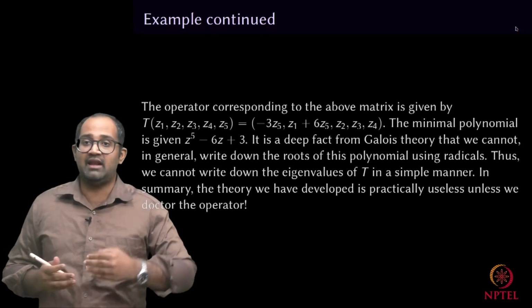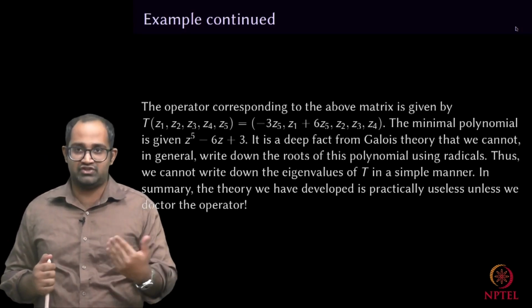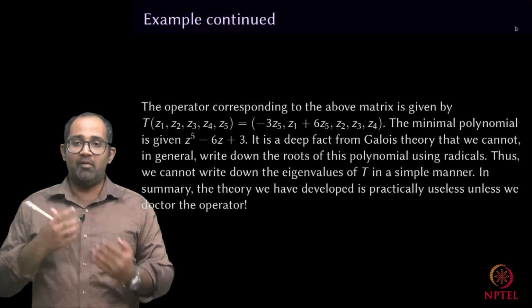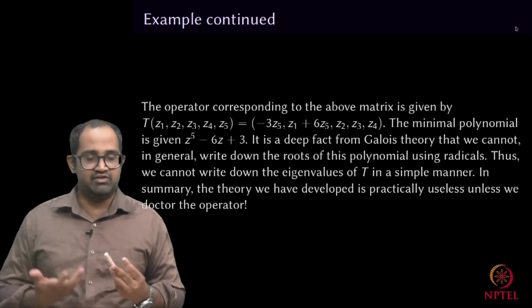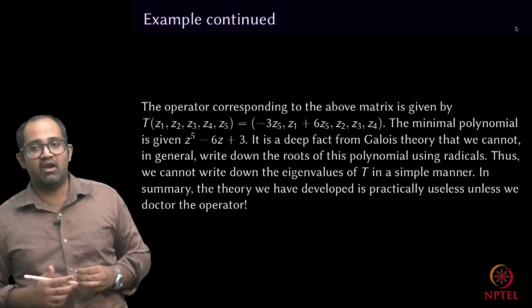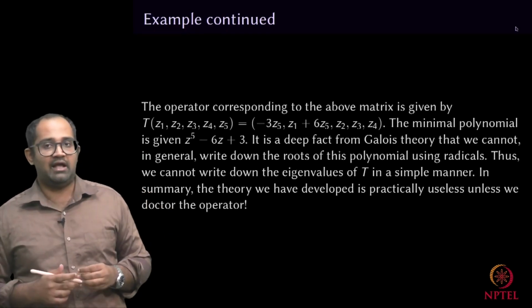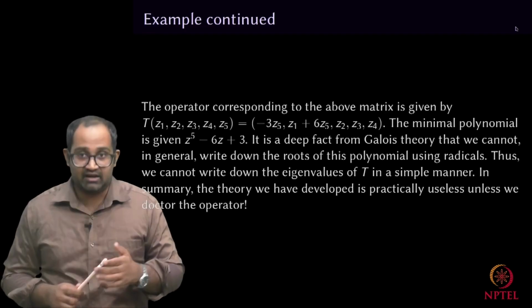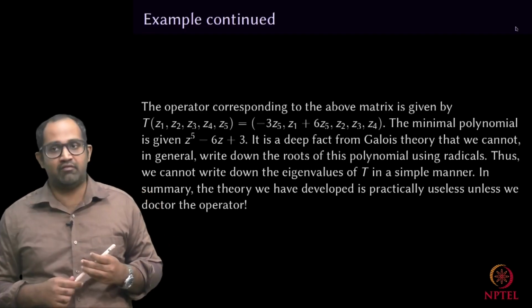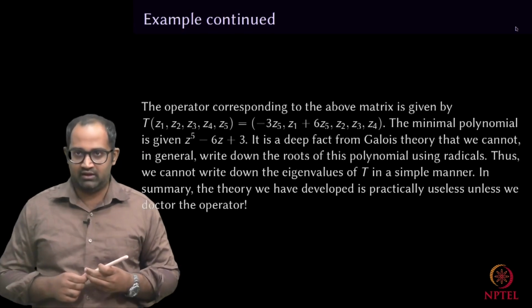This is an algebraic expression that involves the square root operator on the coefficients. So it's a combination of the coefficients with some square roots, division, etc. You cannot find such a simple formula in general for higher degree equations. It is possible that for some special collection of polynomials of high degree you have a formula, but in general there is no formula, and that follows from Galois theory.